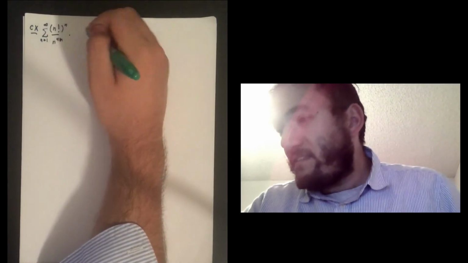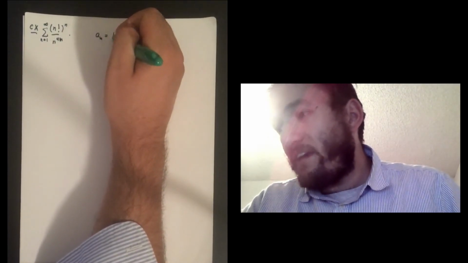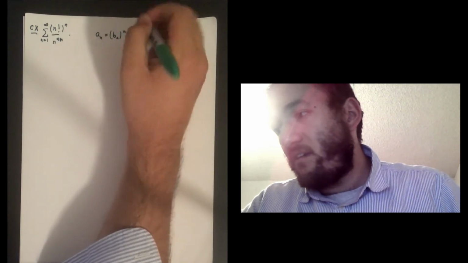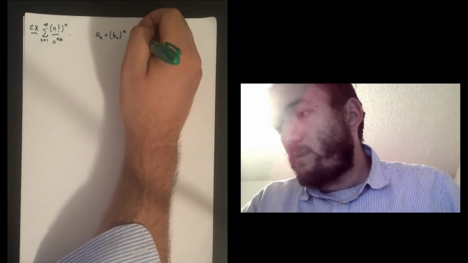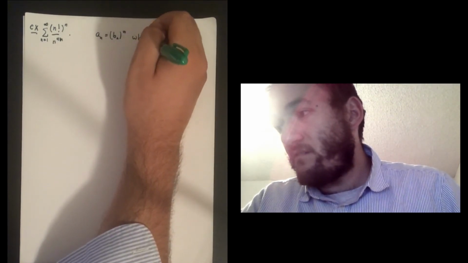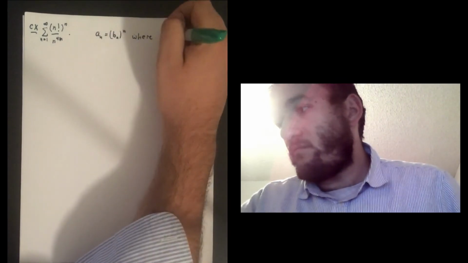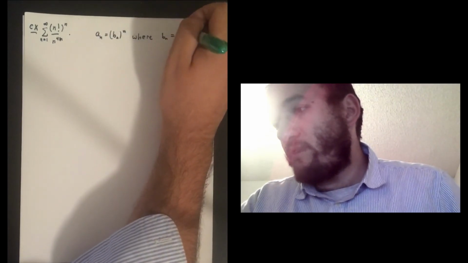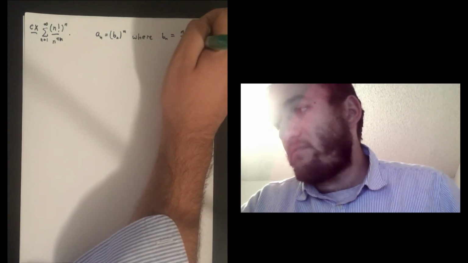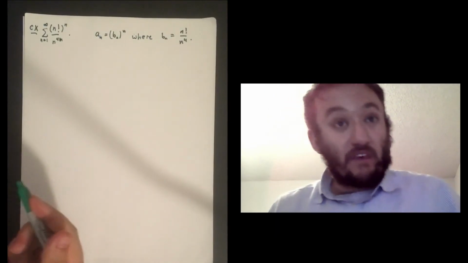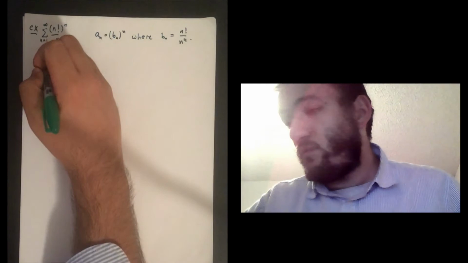But you'll notice that this is a_n equals b_n to the n, where b_n is equal to n factorial divided by n to the 4th. Okay? So given that we have that equation, we're going to try the root test.